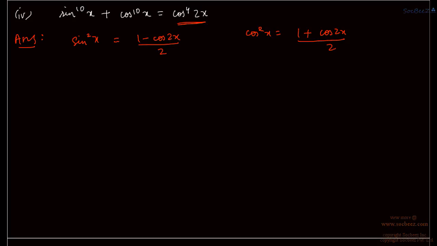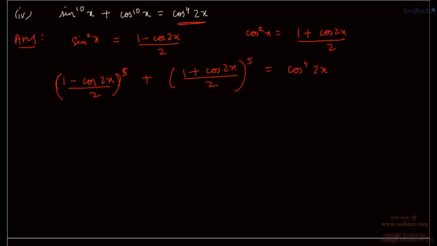So let's expand using this. So we have (1 minus cos 2x by 2) power, now this is not 10, this is 5, right? Be careful there. And we have (1 plus cos 2x by 2) power 5 equal to cos power 4 2x. Now you can see that, forget the denominator here, 2 power 5, that's 32.